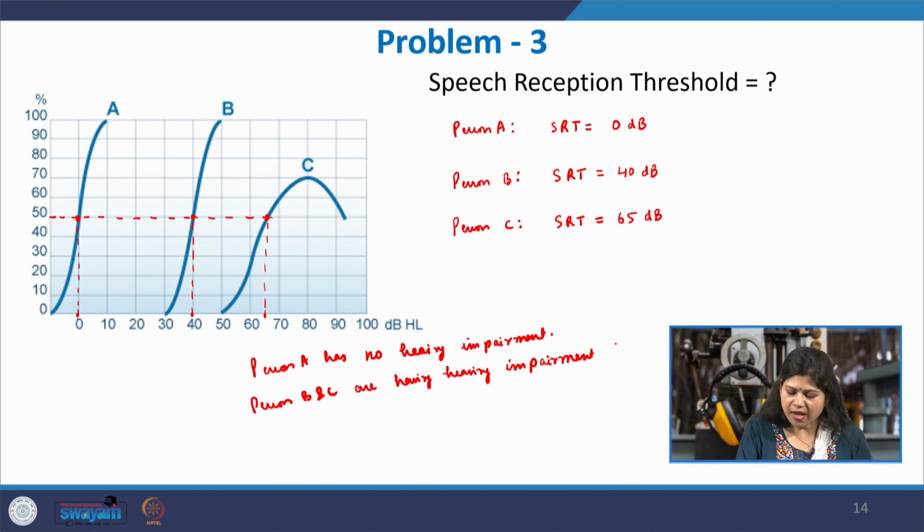So, B and C have hearing impairment in the form of loss in speech intelligibility. This is the form of their impairment.